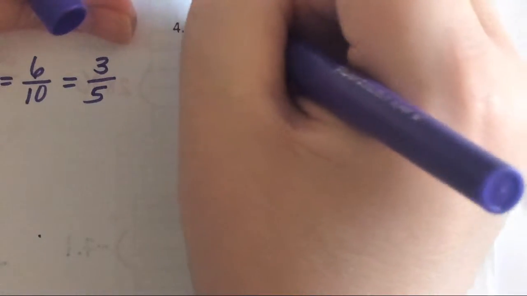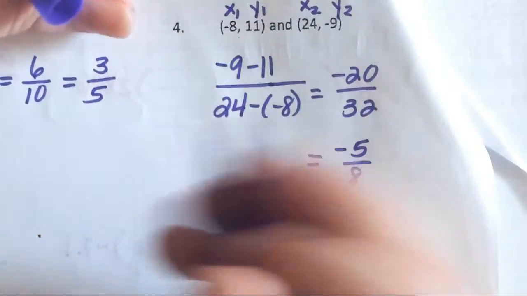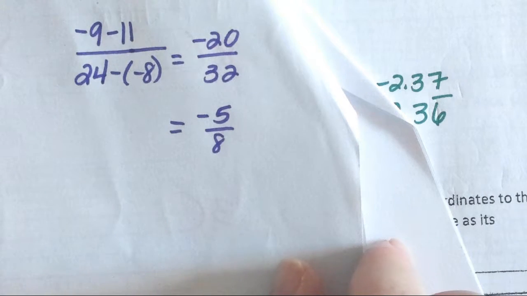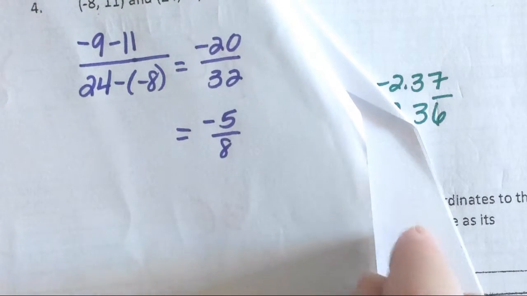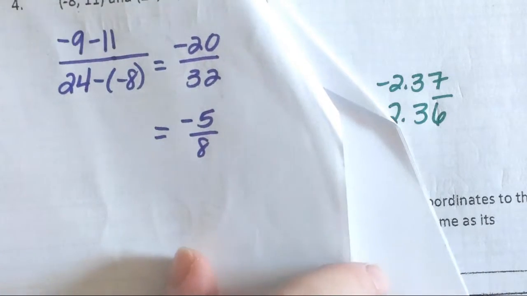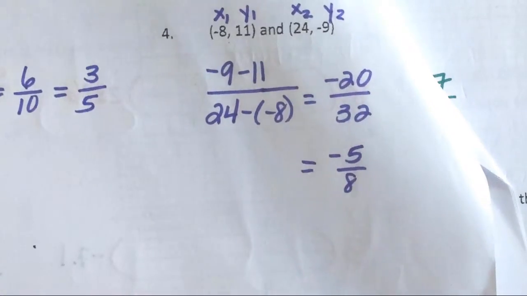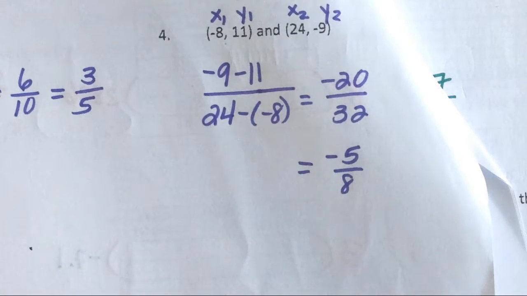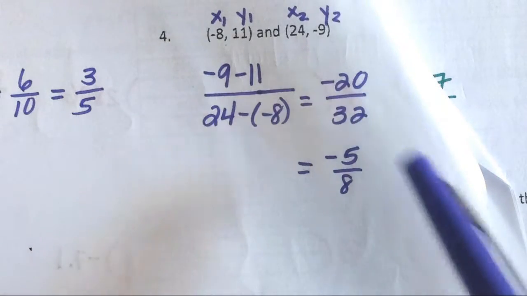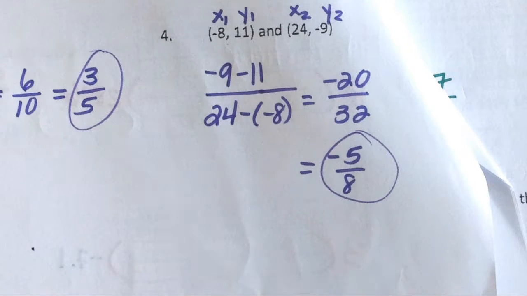You should get negative 5 over 8. y2 minus y1, you get negative 9 minus 11. x2 minus x1, you have 24 minus negative 8. You have negative 20 over 32, but both of those are divisible by 4, so it reduces to negative 5 over 8. Are there any questions?